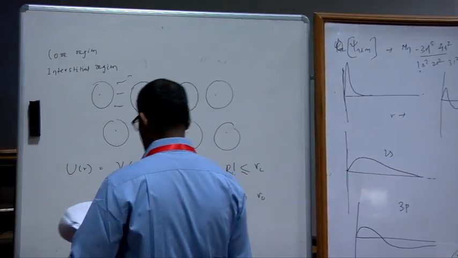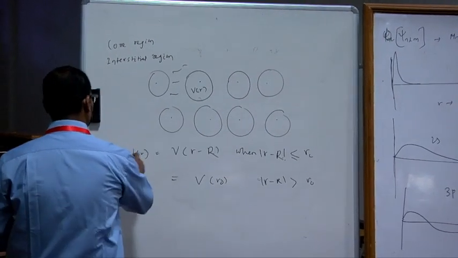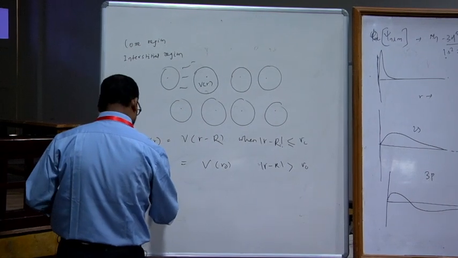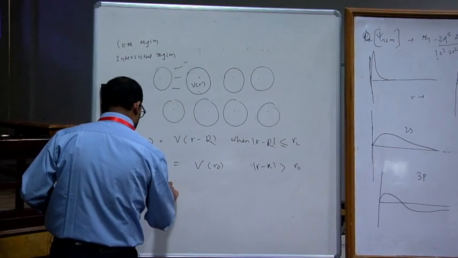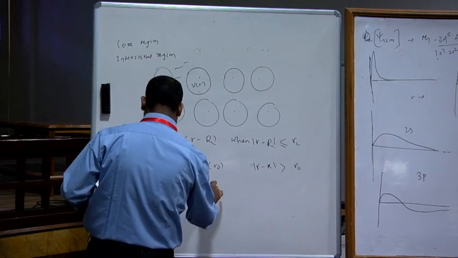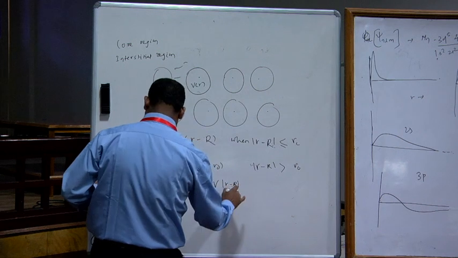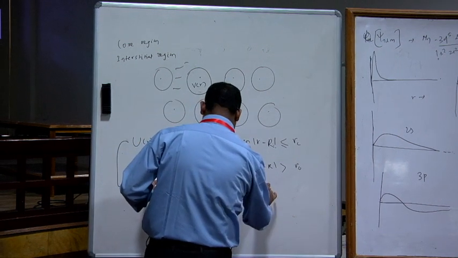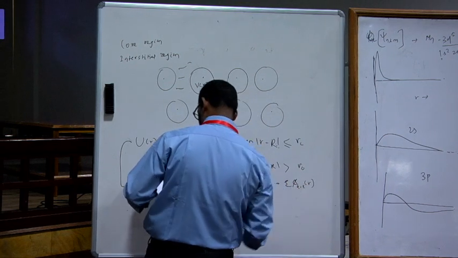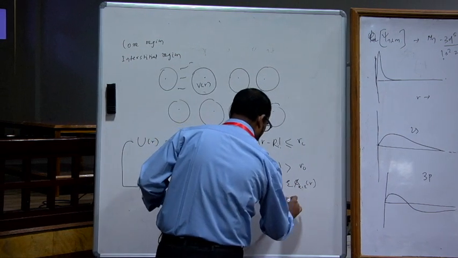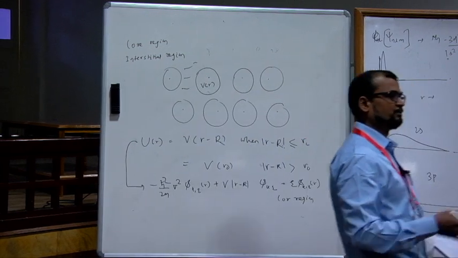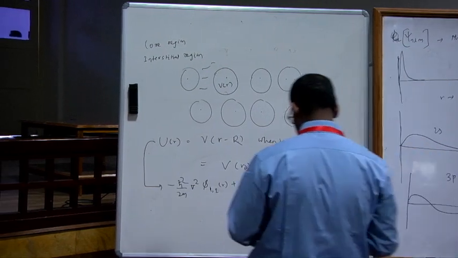Right? So in this region, obviously I will solve the second order differential equation, minus h bar squared over 2m del squared phi k(r) plus V(r minus R) phi k equal to E phi k(r), for the core region, or the sphere that I have designed, which people call the muffin-tin sphere.